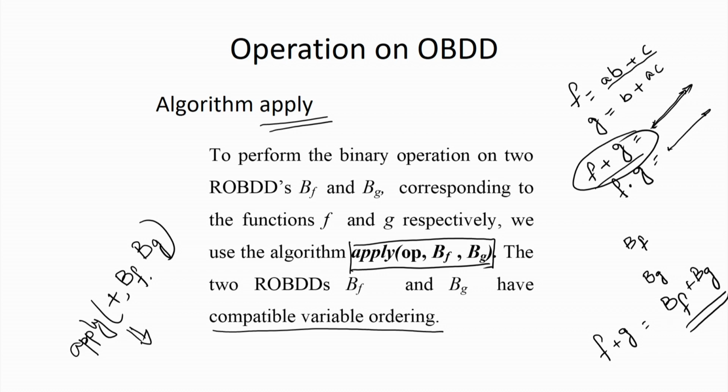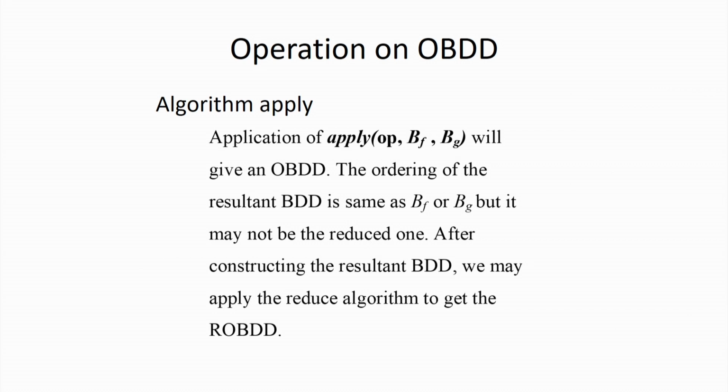But you have to remember that both the BDDs must have a compatible variable ordering. They may be reduced or may not be reduced, but they have to be ordered, and secondly both BDDs must have the compatible variable ordering. Now, after application we are going to get a resultant BDD.